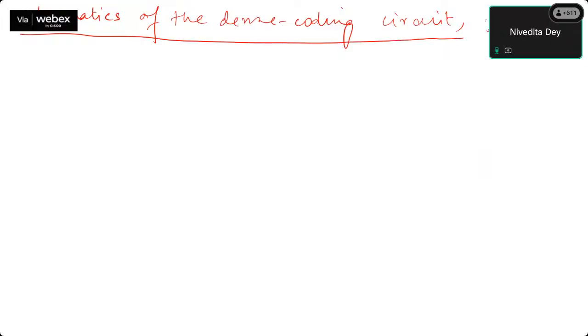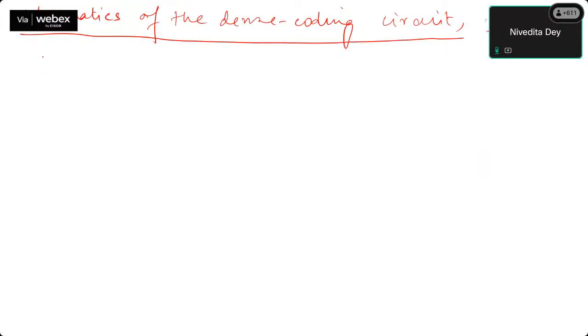Now, on that note, the schematic of the dense coding circuit will look something like this.